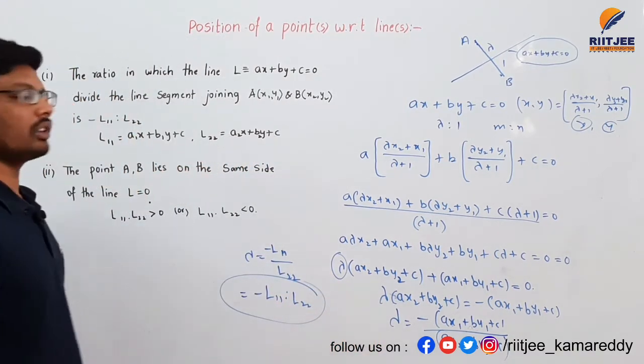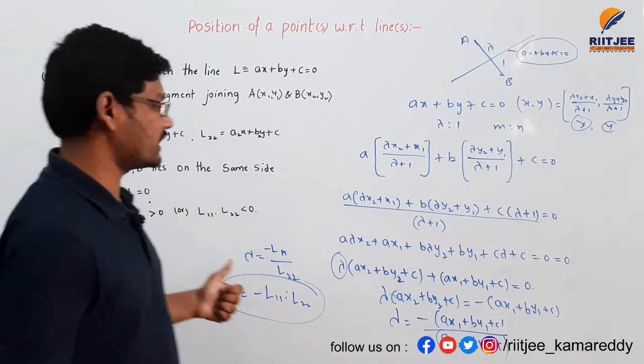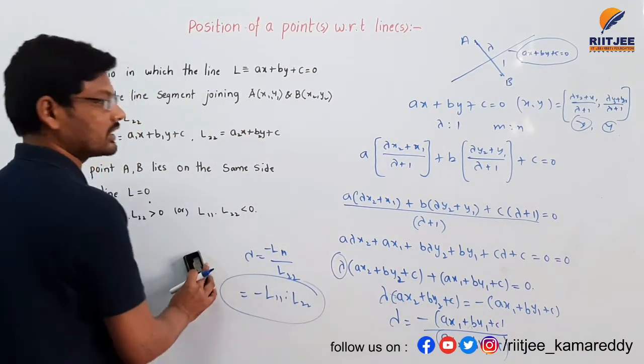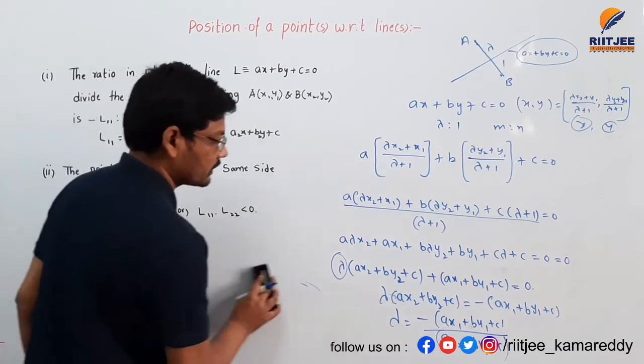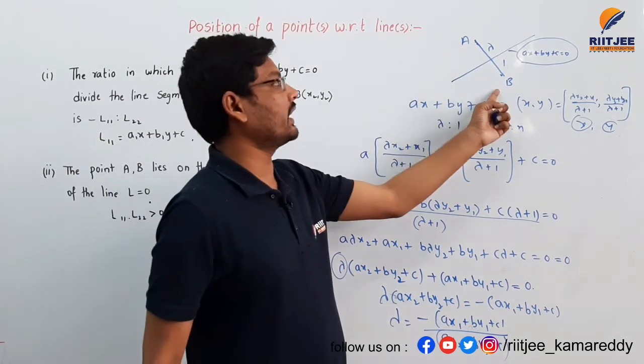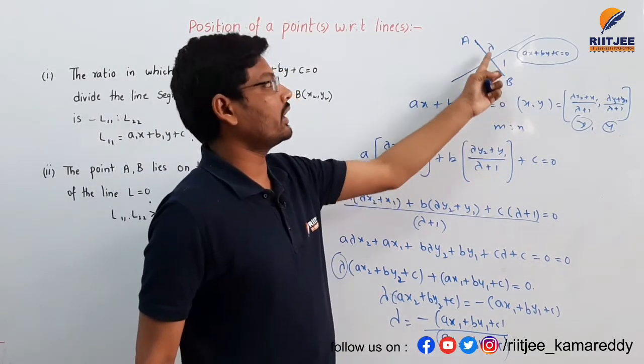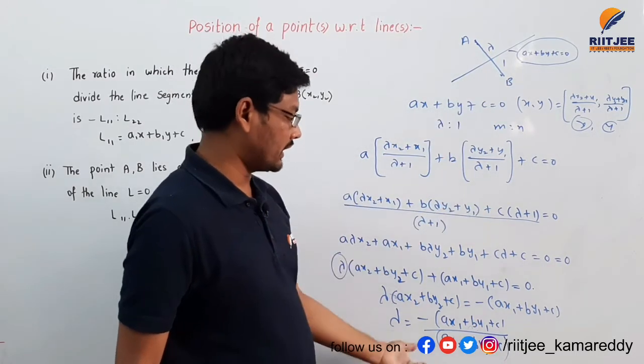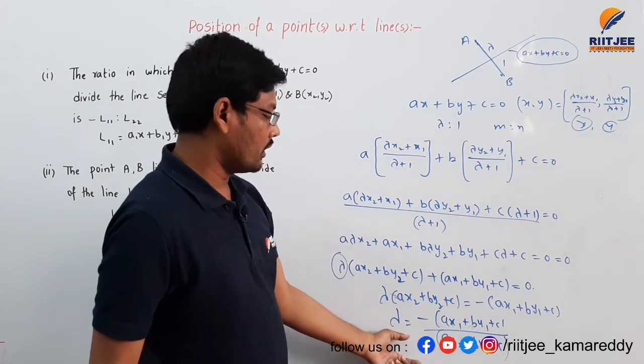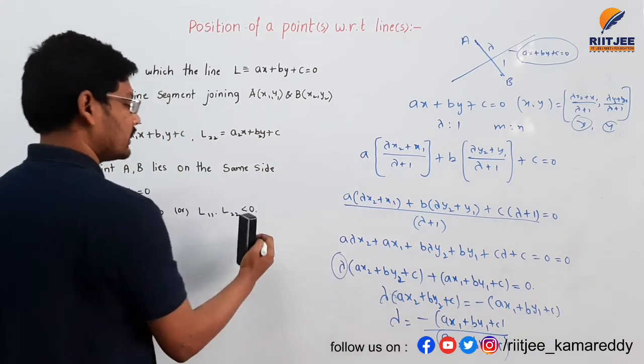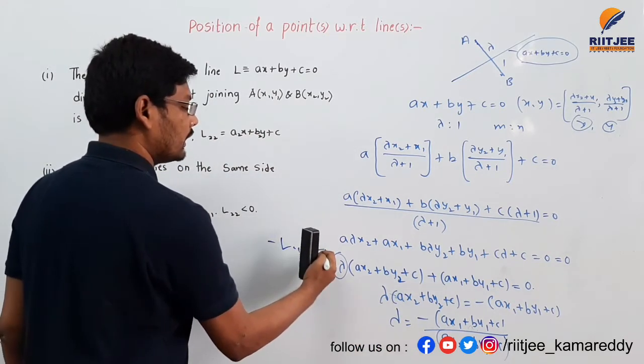In this also we have several cases, two cases. Let us discuss the two cases. This is all about a line dividing in some ratio, lambda is to 1. For that ratio, lambda is equal to minus L11 is to L22.